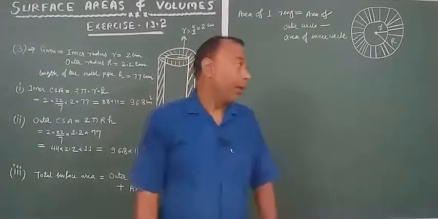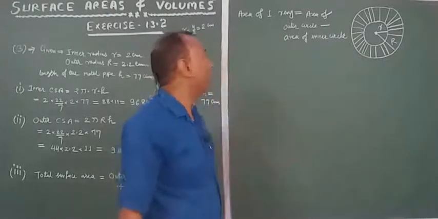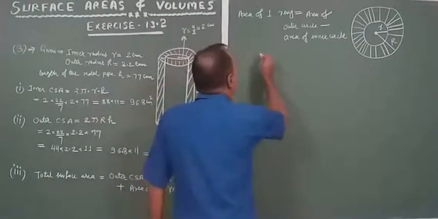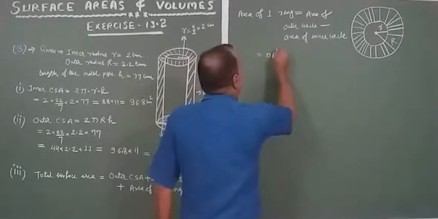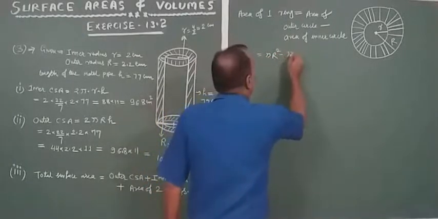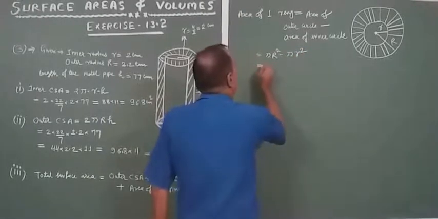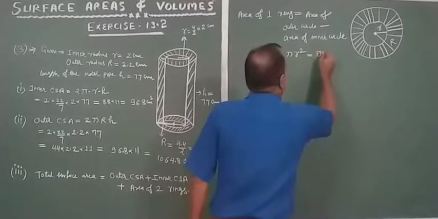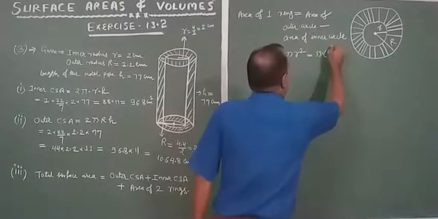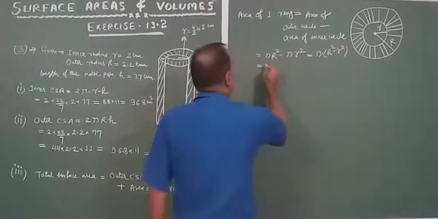The outer circle will be pi into capital R square, and the inner circle will be pi into small r square. You can take pi outside. Here you will get capital R square minus small r square. Just put all the values.